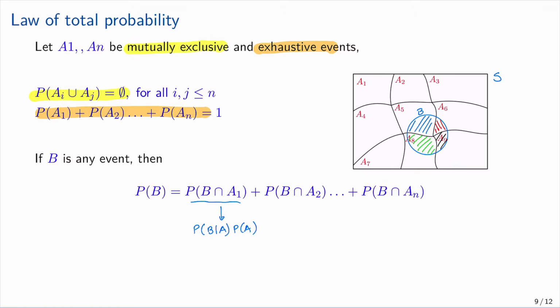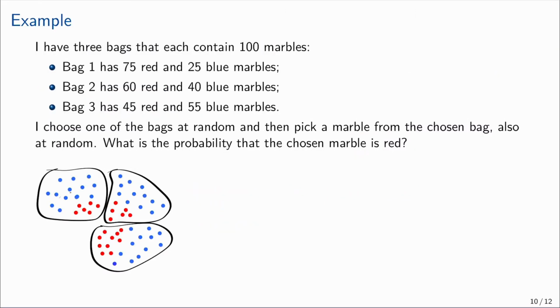Now let's have an example. So how can we use this result? In this example, we have 3 bags, and each one of these bags contains 100 marbles. Now the marbles can be blue or red. Let's say this is the first bag, B1, the second bag, B2, and the third bag, B3.